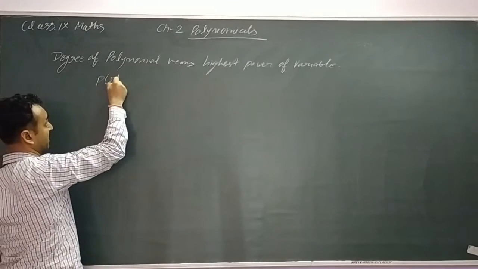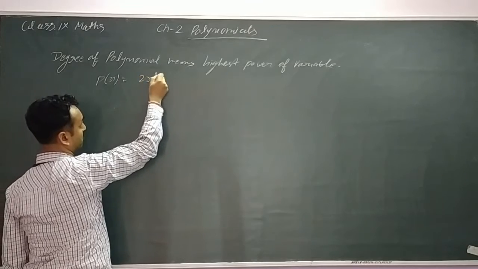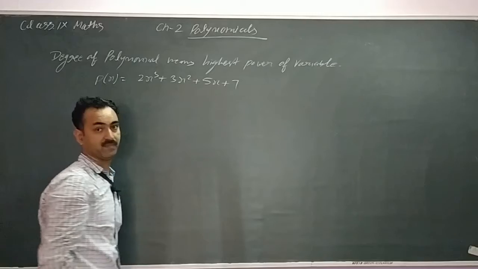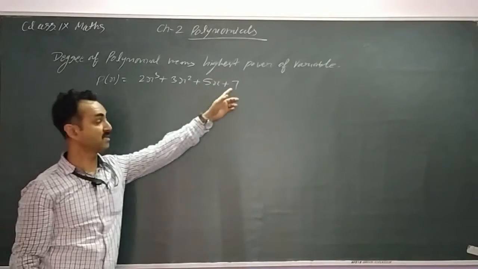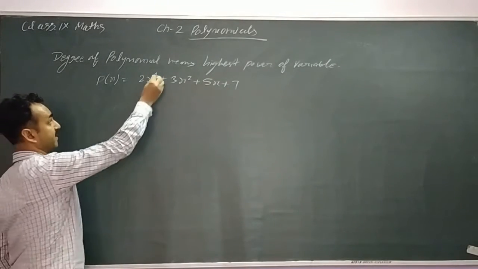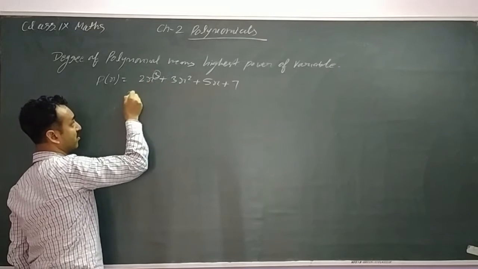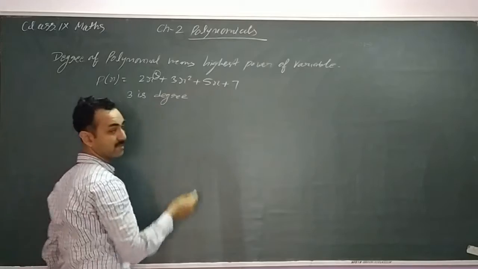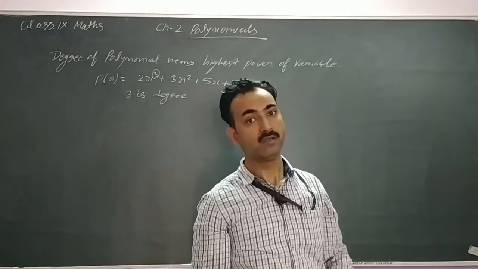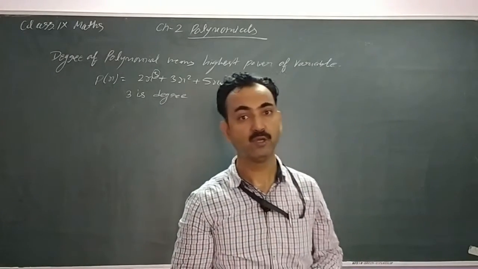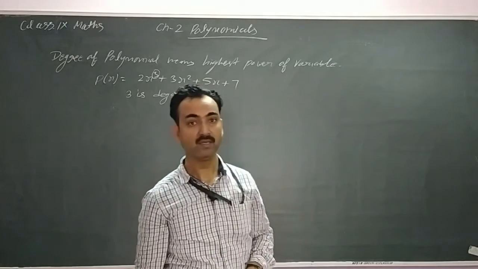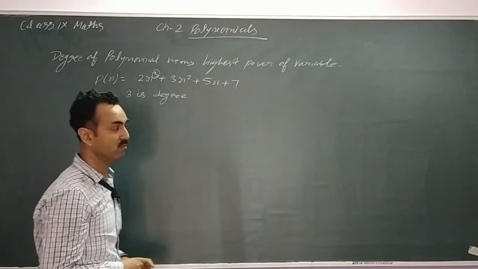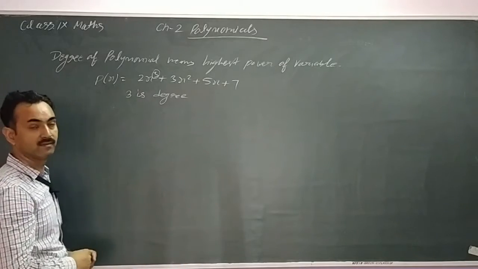Suppose you write p(x) = 2x³ + 3x² + 5x + 7. What is the highest power of the variable x here? Obviously 3. So 3 is the degree. Whenever you observe any polynomial, you have to see the variable and then observe the highest power of the variable, and that is 3.